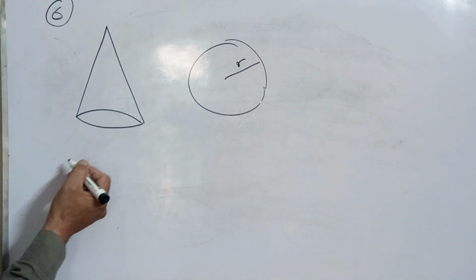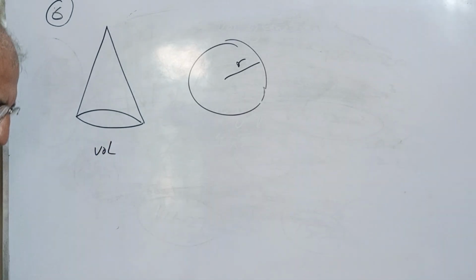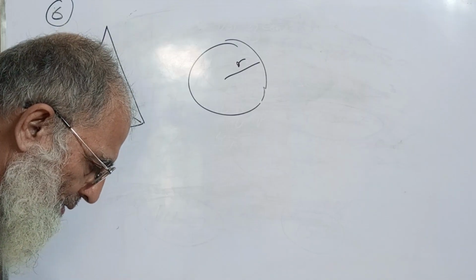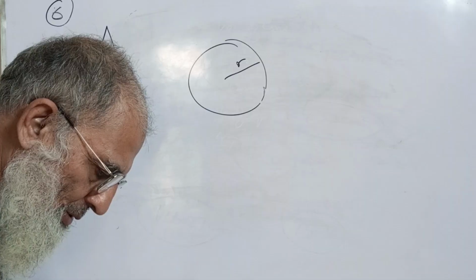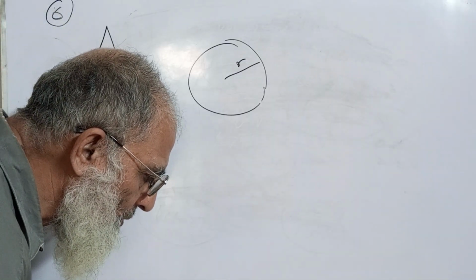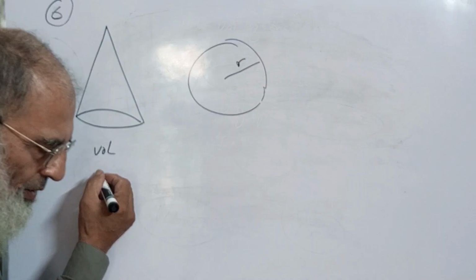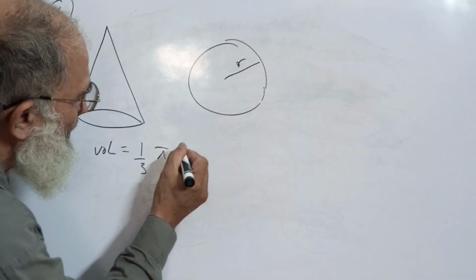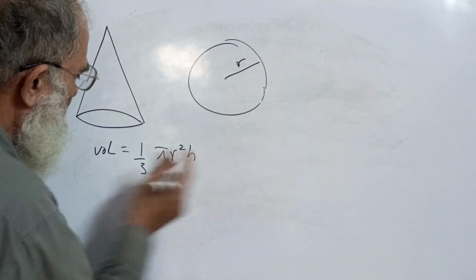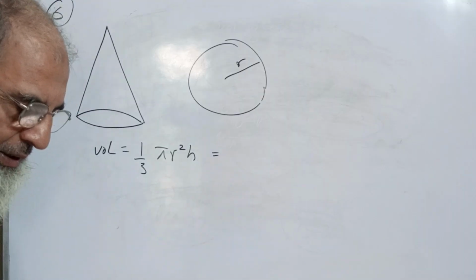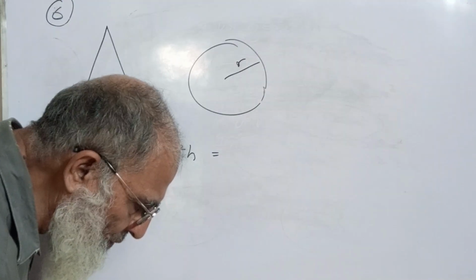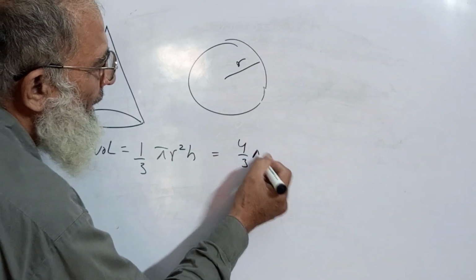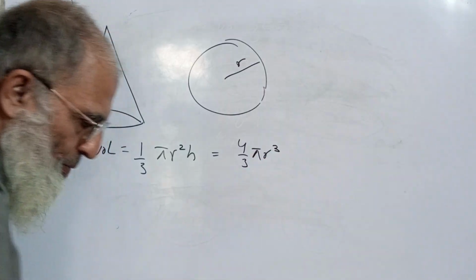The volume of cone is 1 by 3 pi r square h, and the volume of sphere is 4 by 3 pi r cube. Since the sphere and cone have the same volume, these are equal.